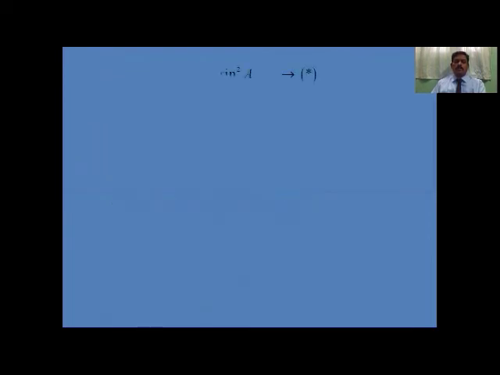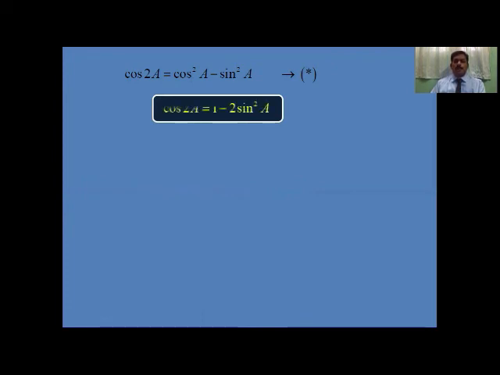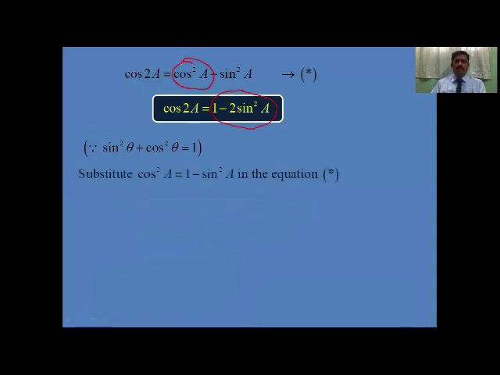Using the same formula, cos 2A = cos²A − sin²A, we are going to get the next formula. Cos 2A = 1 − 2sin²A. If you observe your right hand side, it is in the form of sin. So therefore, using the identity sin²θ + cos²θ = 1, I'm going to replace cos square in equation star in the form of sin square. Substitute cos²A = 1 − sin²A in the equation star.